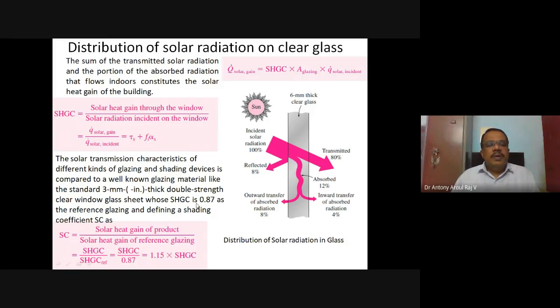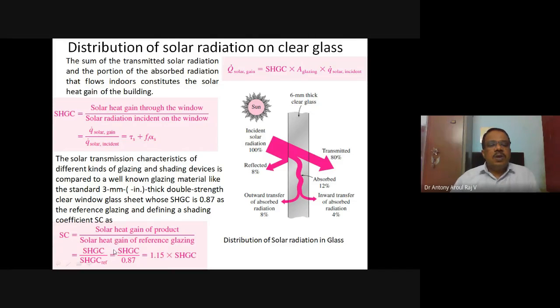Now when I want to find the shading coefficient, it is the SHGC of the glass under consideration, or whatever you are using for the building, divided by the SHGC of the reference material. I told you already about that 3 mm thick double strength clear window glass.